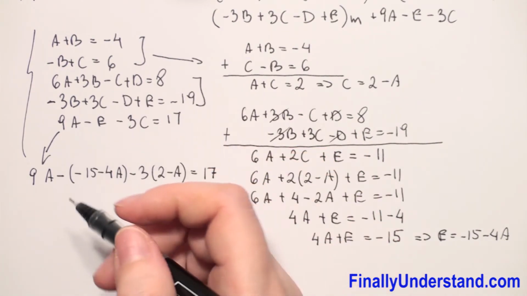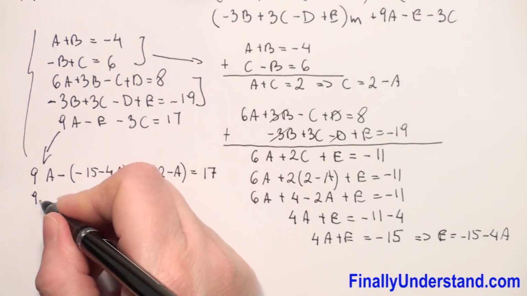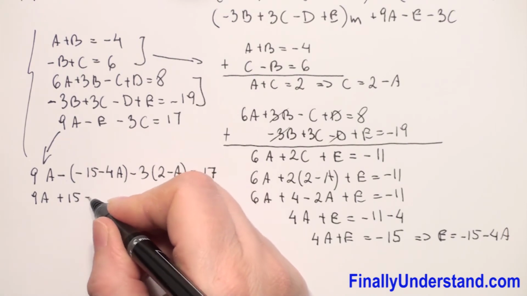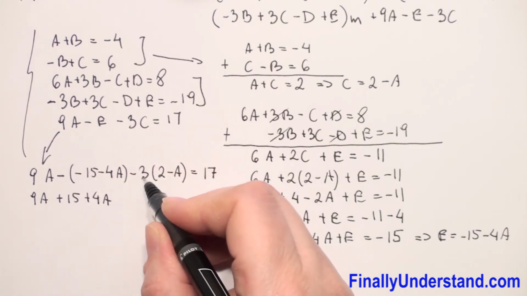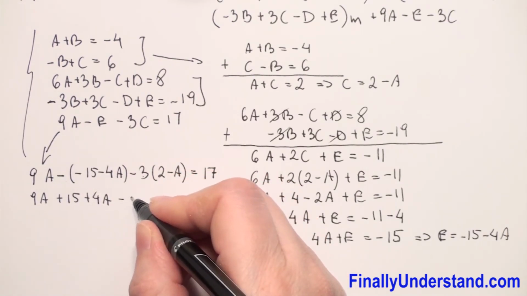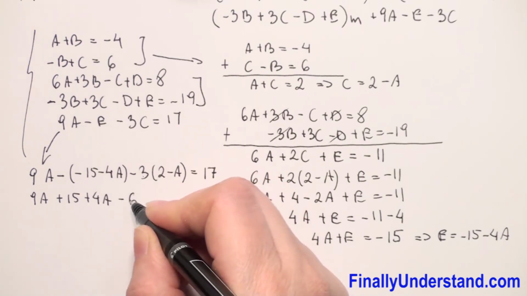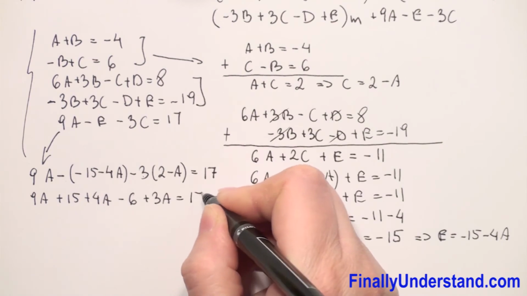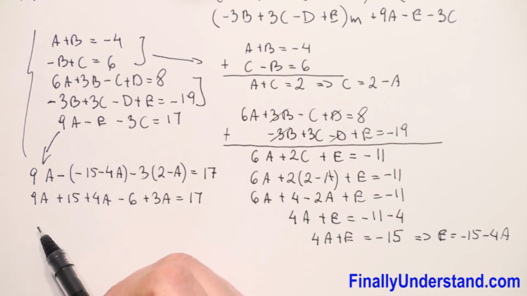So now we can take down the parentheses. So we have 9a, negative and negative give me positive 15, negative, negative, positive 4a. Negative 3 times 2 is negative 6. Negative times negative giving positive 3a is equal 17. So now we have to combine the like terms.